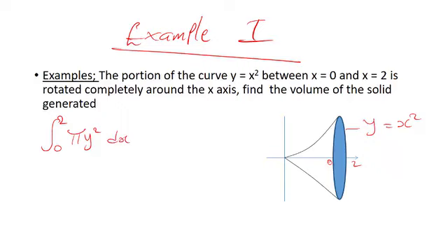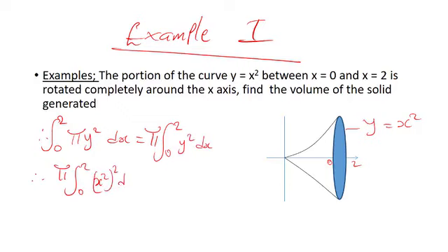Remember in integration, pi is a constant term, so it is permitted to lift it out, and it becomes pi integral from 0 to 2 of y squared. But don't forget that the value of our y is x squared, so it becomes pi integral from 0 to 2 of (x squared) all squared dx, which is equivalent to pi integral from 0 to 2 of x raised to power 4 dx.